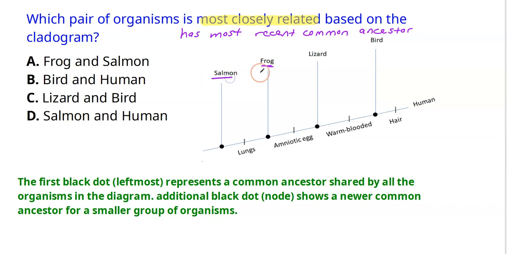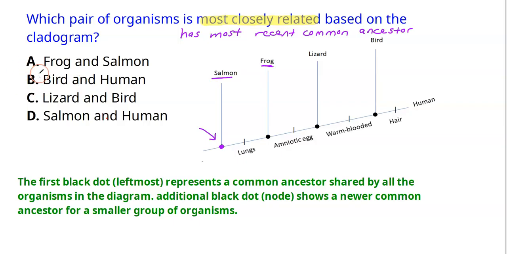I'm going to trace backwards. So here's the frog. There's a common ancestor here. And there's another common ancestor here further back in time. I'm going to mark this one because you should see if I trace backward from the salmon, it also has this common ancestor. So the frog and the salmon have a shared common ancestor right here.